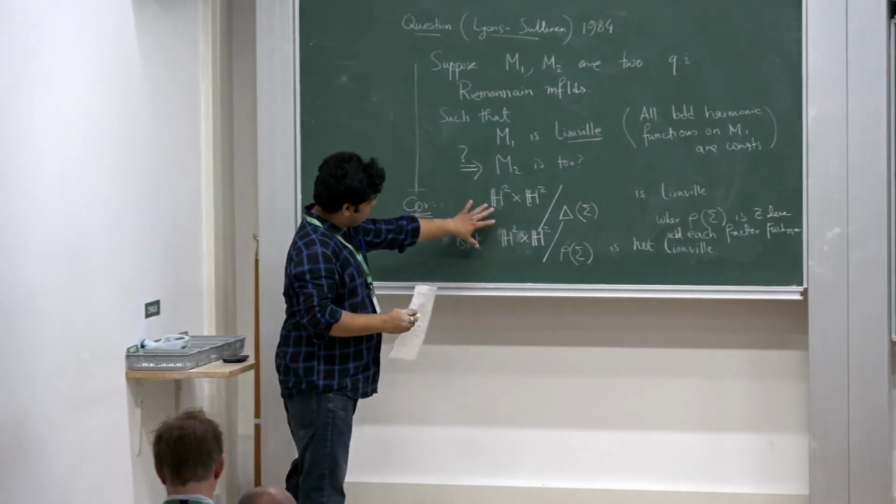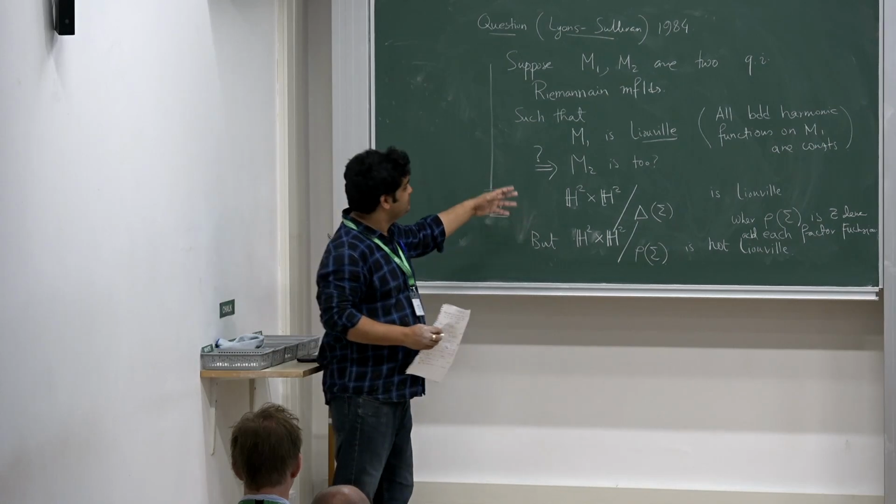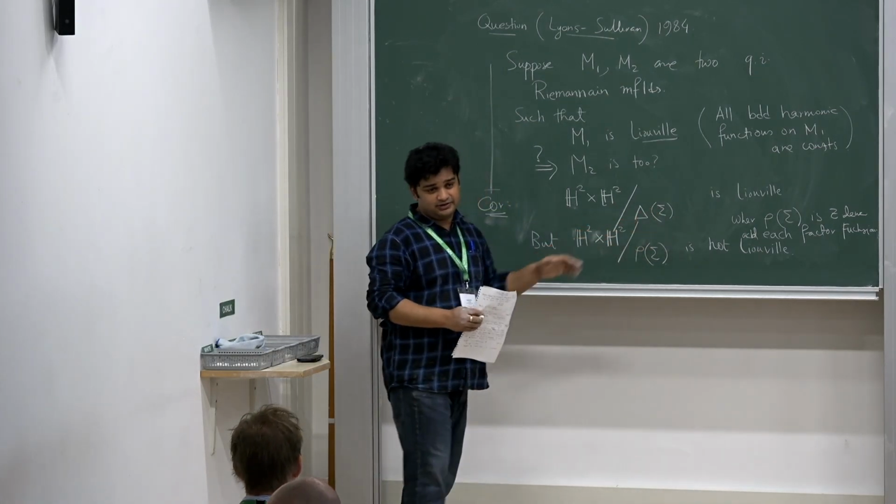And one can make some argument why these two are also quasi-isometric. So this gives counterexamples whose fundamental groups are very nice surface groups.